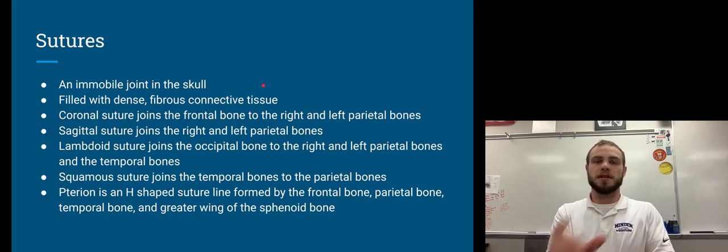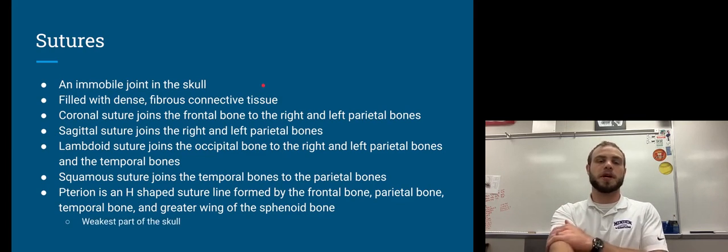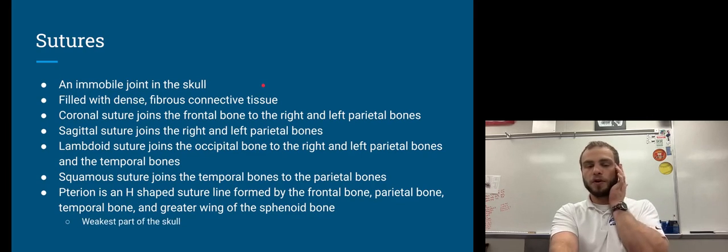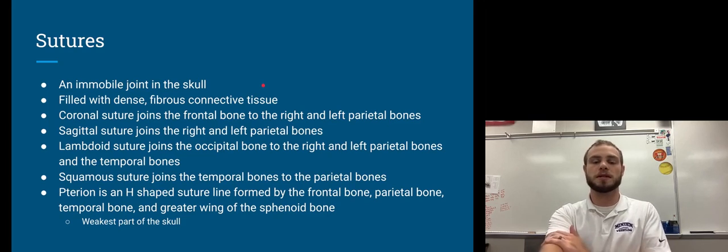And so you have these suture lines running through there, forming this H shape. As a result, this becomes the weakest part of the skull. You may have heard of somebody saying, right here in your temple, this is where you need to hit somebody to knock them out. It's because of all those sutures running through there that makes it the weakest portion of the skull.